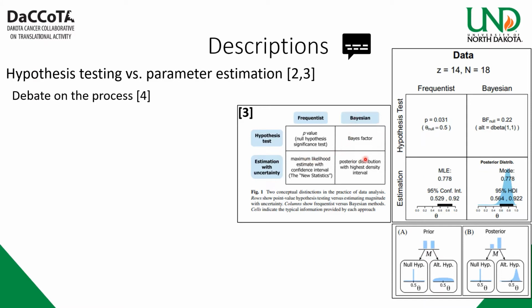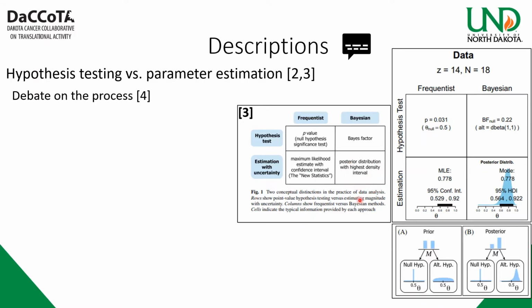But in Bayesian, you can use what's called a Bayes factor to test different hypotheses like null, alternative, etc. Whereas estimation with uncertainty gives a point value, like a maximum likelihood or posterior distribution, and then your uncertainty, so confidence intervals with frequentist or highest density intervals with Bayesian.